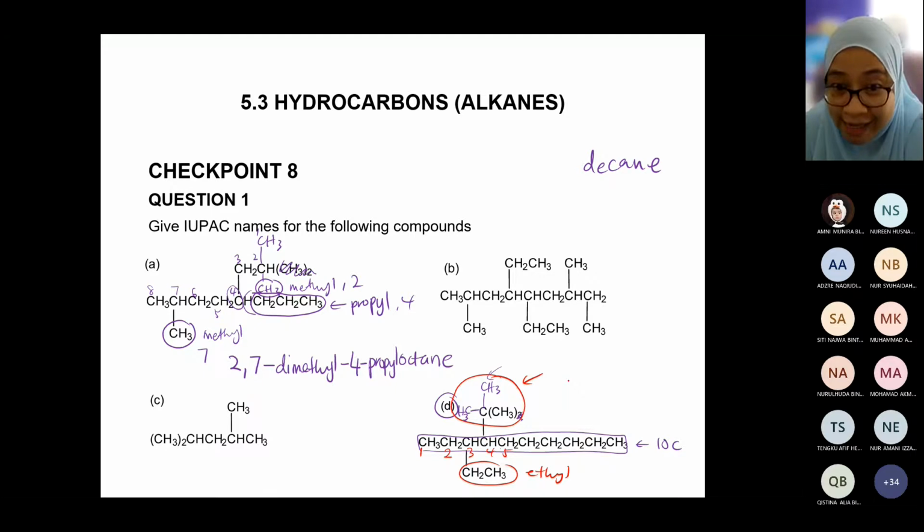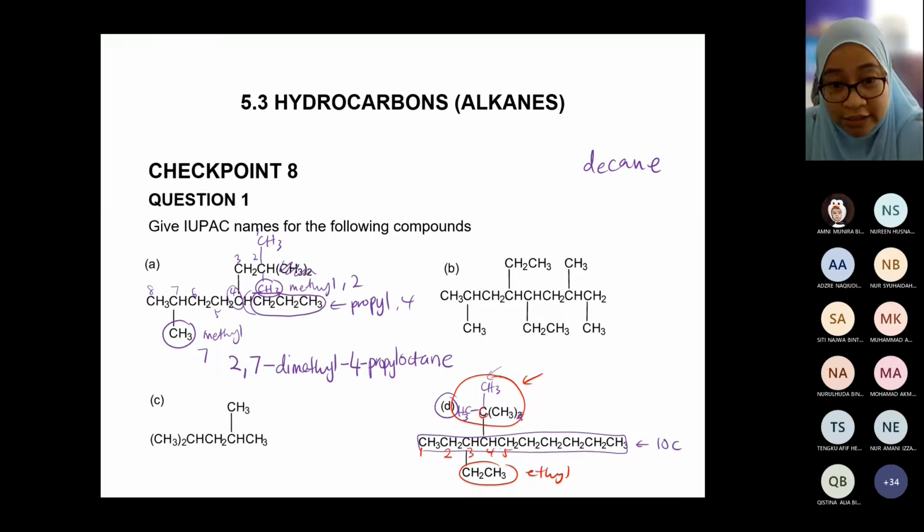Okay, this substituent is known as apa ni? Kalau ada 3, this carbon is attached to 3 other methyl group. What is it called, guys? Kalau common name just now. Tert-butyl. Yeah. Tert-butyl.